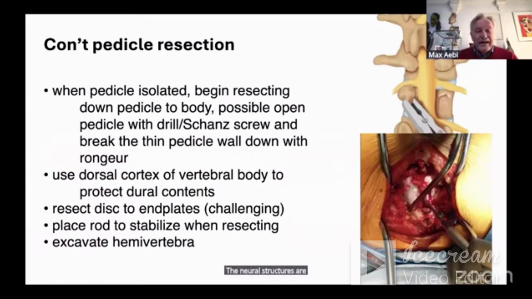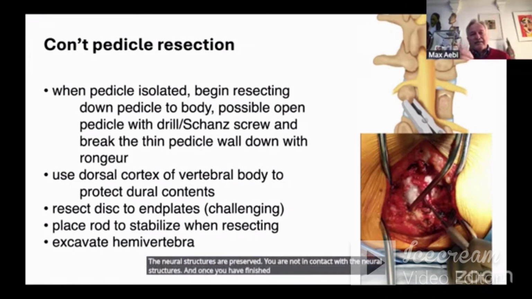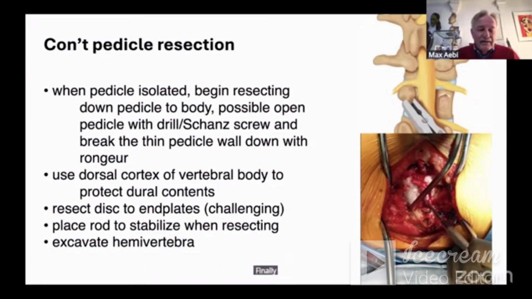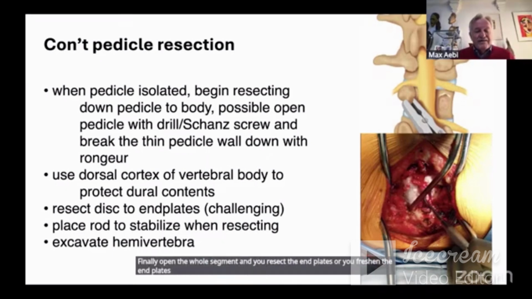You are not in contact with the neurostructures, and once you have finished this process, you can take down the cortical wall of the pedicle systematically down to the vertebral body posterior wall. You can use the posterior wall to protect the dural sac before you finally open the whole segment, and you resect the end plates, or you freshen the end plates, and place rods when you have done that.